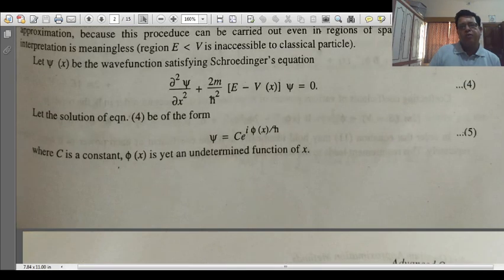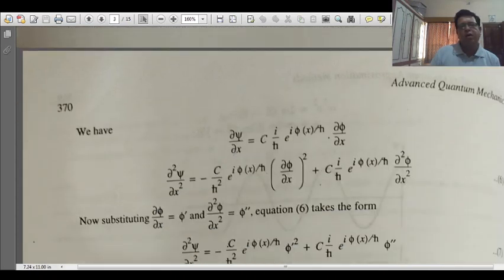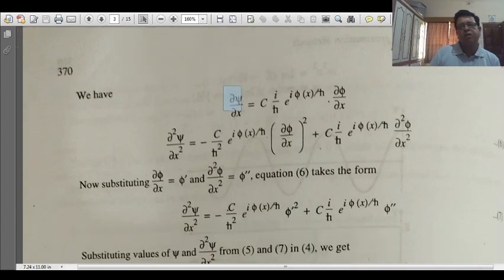If this is a solution of the equation, then we need d2 psi upon dx2, that is psi double dash, which can be determined easily by double differentiation: first differentiation gives psi dash, second gives psi double dash.